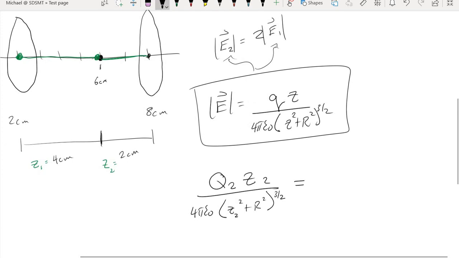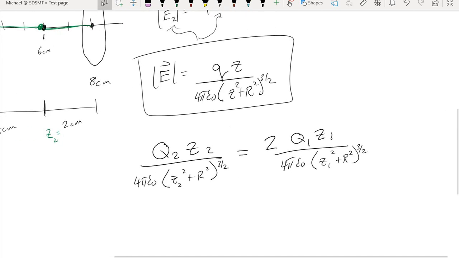That has to equal 2 times the value of E1. And E1 is going to be Q1 times Z1 all over 4 pi epsilon naught, Z1 squared plus R squared to the 3/2 power.